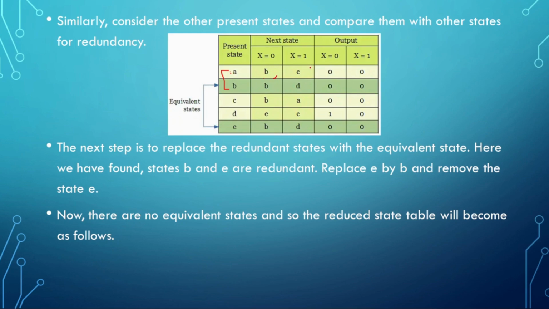Next you need to check both the outputs. See here, this two will be same and this two will be same, but in this C and D will be different. When x is equal to 1, the next state is C here. When x is equal to 1, the next state is D here. So both the states are different.